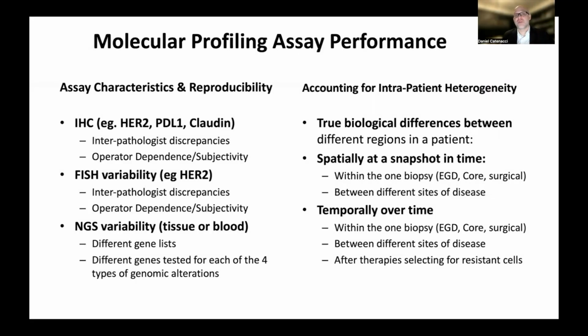So I've taken you through now the difference of understanding the assay's performance and characteristics and reproducibility. And I showed you examples of HER2 and PD-L1, but any biomarker can be scrutinized in this manner and will have discrepancies between pathologists that we are always trying to minimize with training. And there's also this problem of heterogeneity that's true biological differences spatially and temporally over time that need to be accounted for.